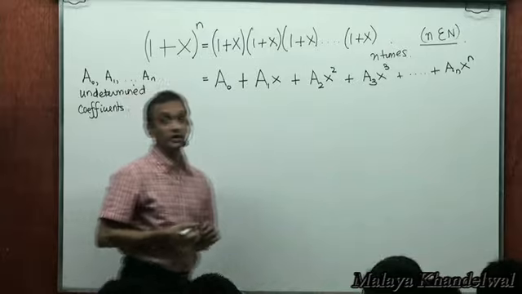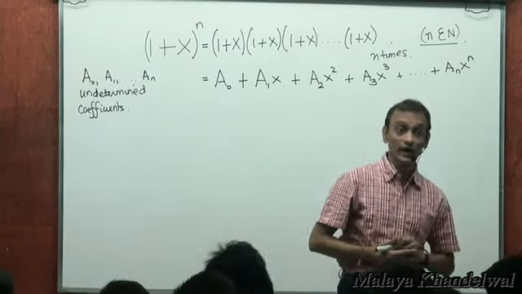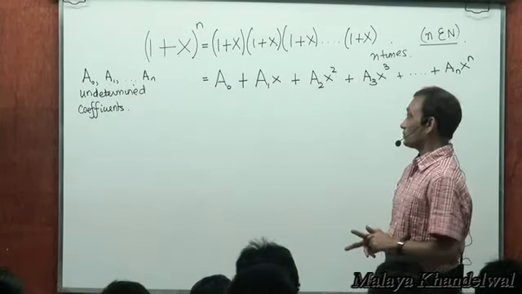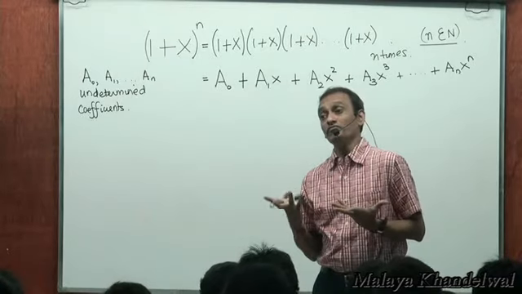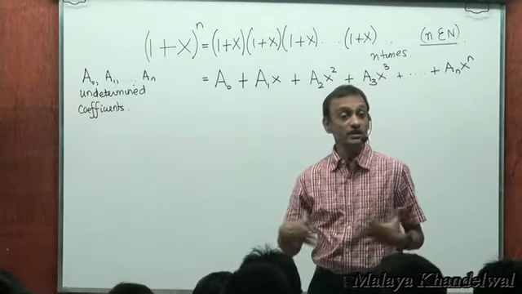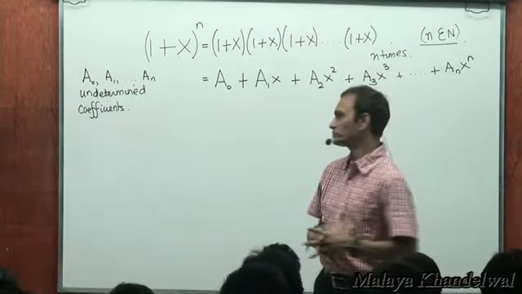They are the undetermined coefficients, right? We need to find the values of a0, a1, a2, a3, an. Clear?